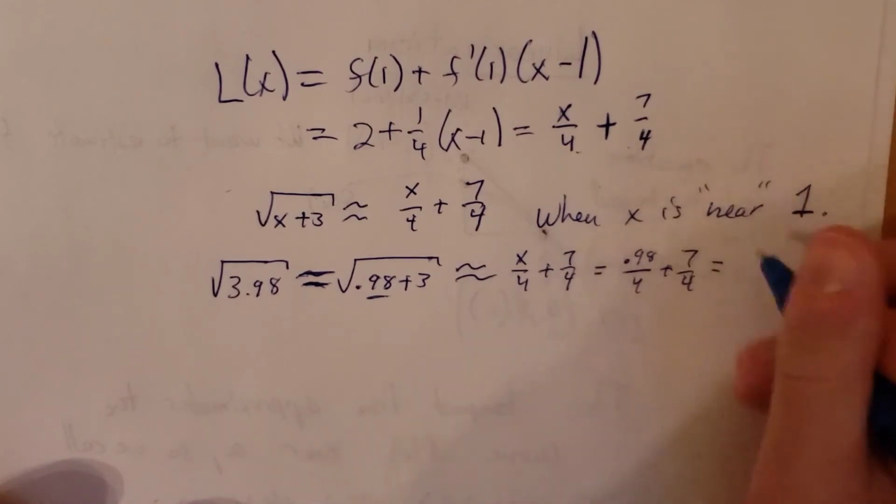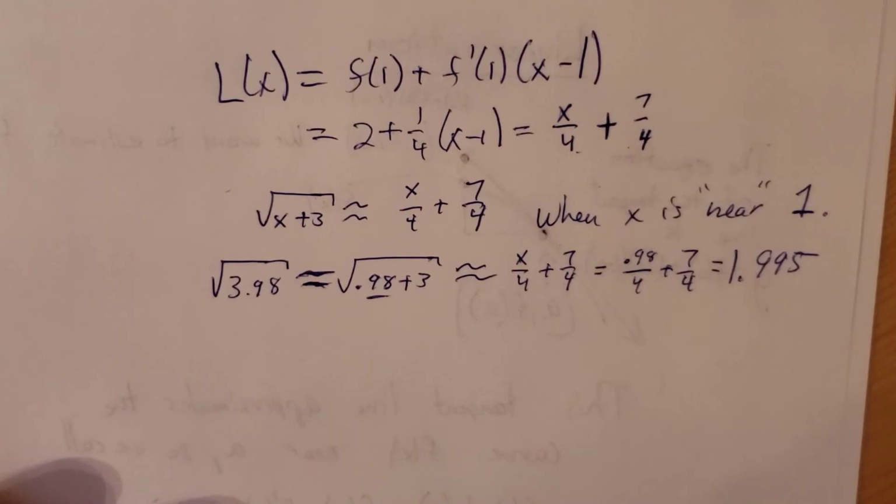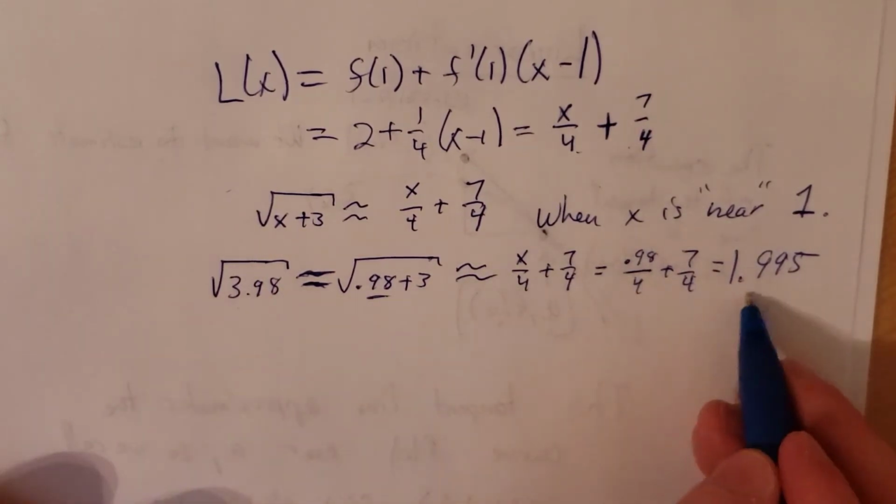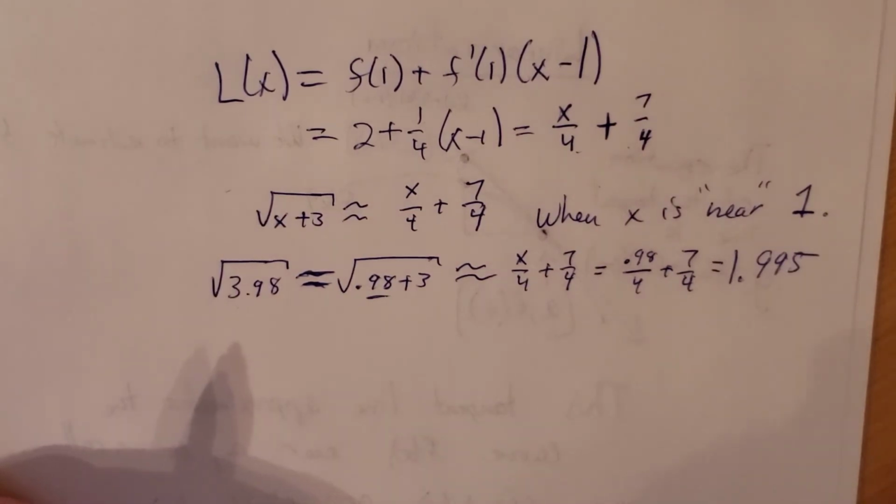And this is equal to 1.995. So our approximation of the square root of 3.98 is 1.995, according to our linear approximation here.